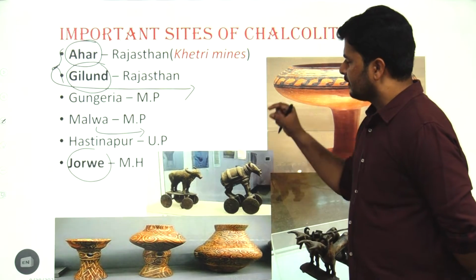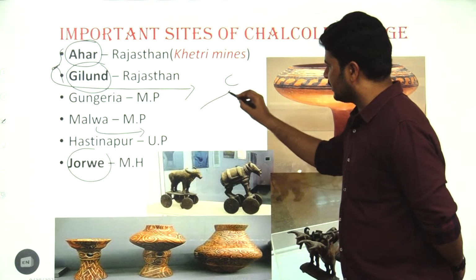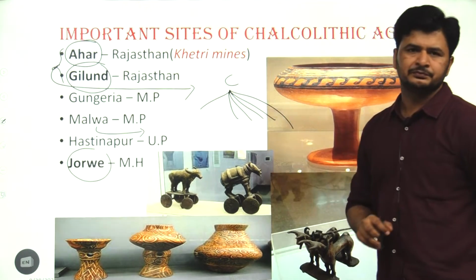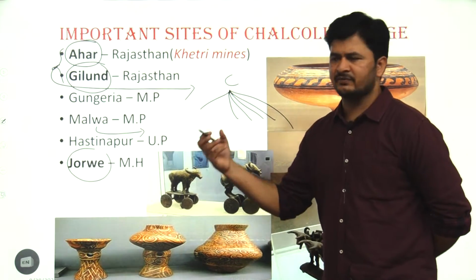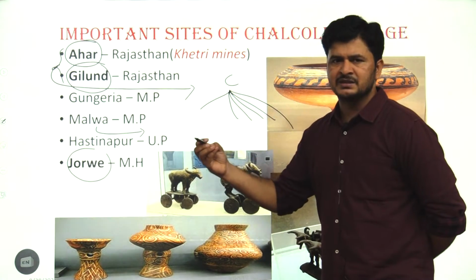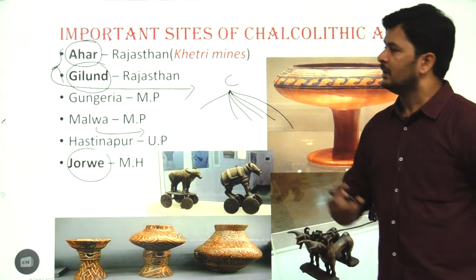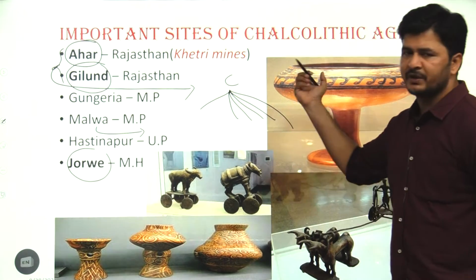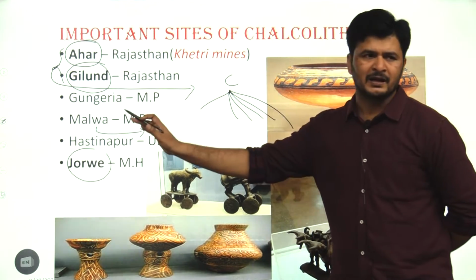That is the reason archaeologists classified Chalcolithic cultures into half a dozen important cultures. For example, we have Ahar culture, a sub-component of Chalcolithic cultures. Gilund culture, sub-component of Chalcolithic. Jorwe, sub-component of Chalcolithic. For us, unimportant, meant for academics.